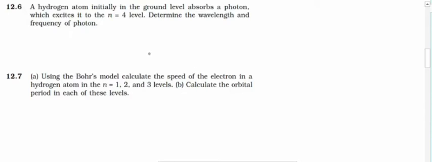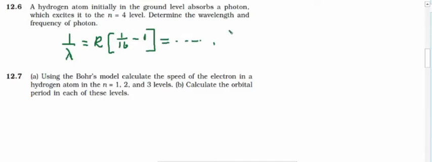So wavelength you can calculate using the equation 1 by lambda is equal to R into the final level n is equal to 4 minus initial level is the first level. So you can calculate the value of 1 by lambda.